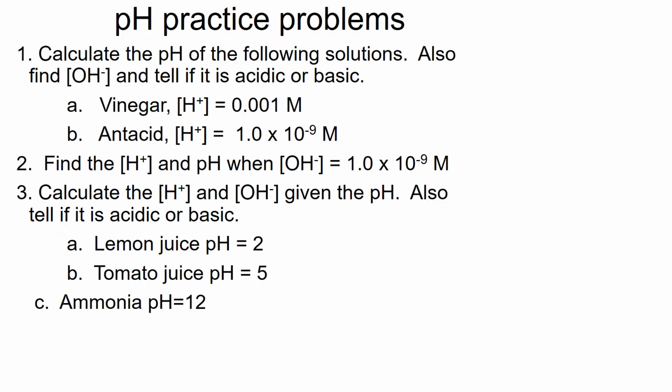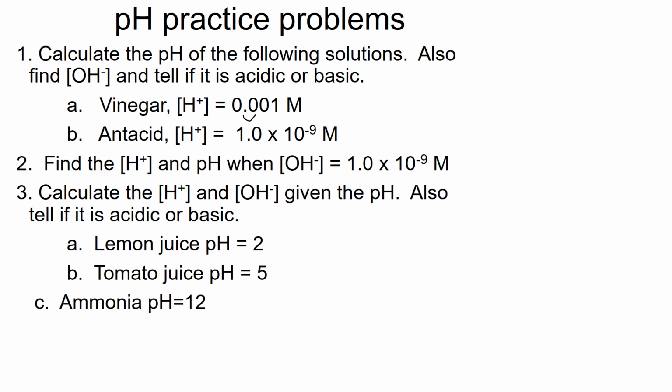Let's look at some practice problems and see what we can calculate. So we want to calculate the pH of the following solutions. Also find the hydroxide and tell if it's acidic or basic. So the first one is vinegar, where H plus is 0.001 molar. What I want to do with that is change that to scientific notation, because if I want the exponent, I got to get it in scientific notation.